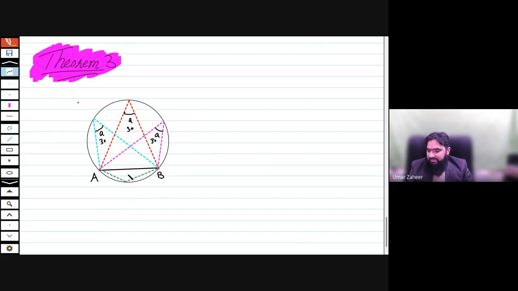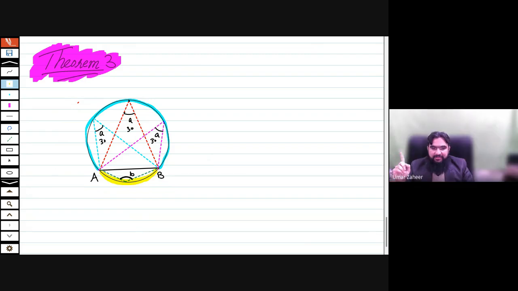So it will never be equal to 30. It is a different one, because the angle A is subtended from the minor arc, or minor segment AB. Is it clear? Yes, sir.